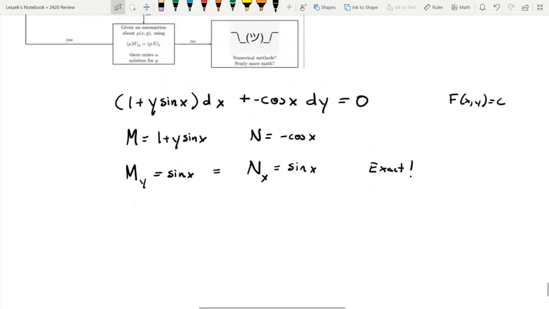All right, so there's two approaches here that I know of. Here's one approach. You're just going to anti-differentiate both sides here, right? So you're going to anti-differentiate the left-hand side.